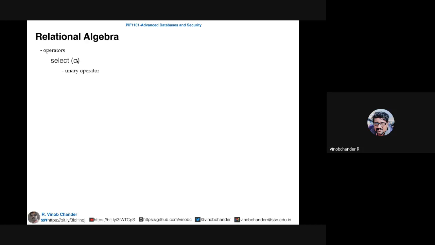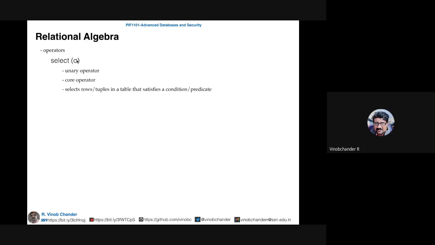And the select operator is a unary operator. It operates on a single table. It has a particular syntax or notation that we'll see with an example. And as we have seen in the previous slide, the select operator is one of the core, basic operators.